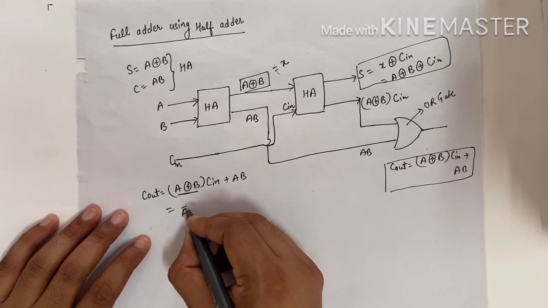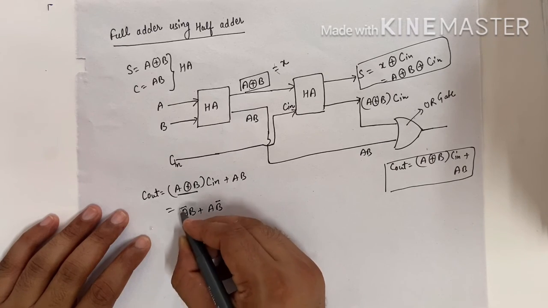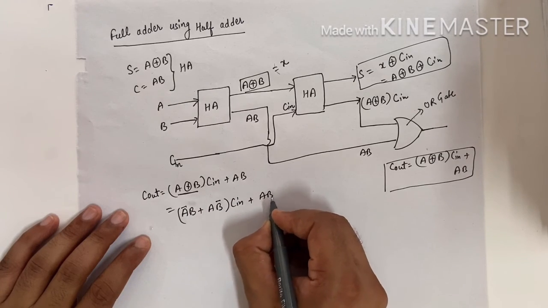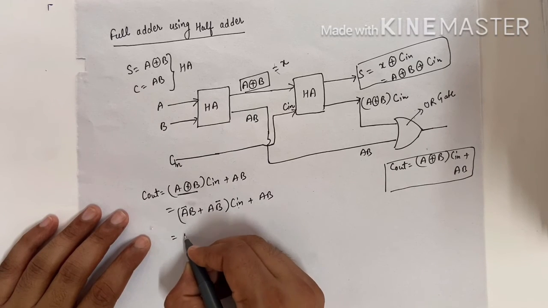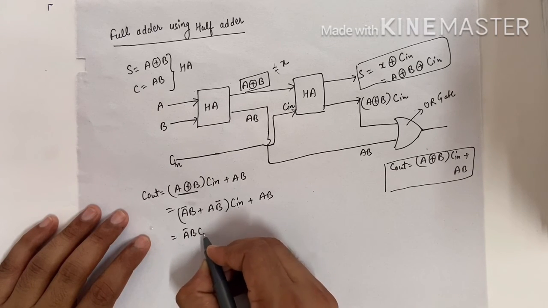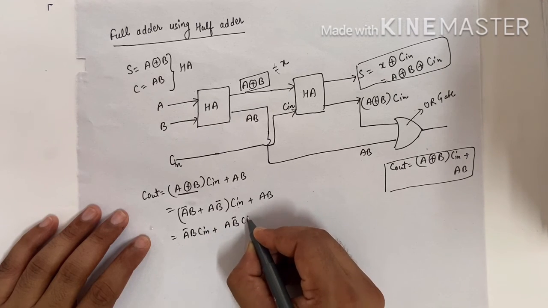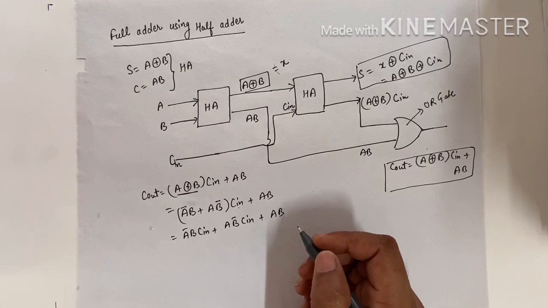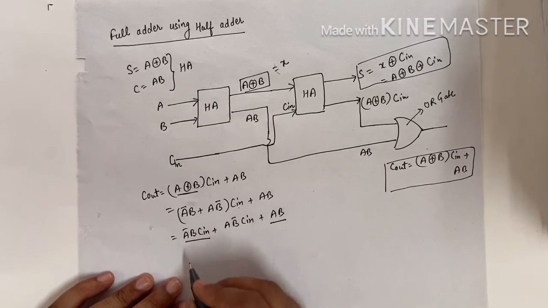XOR means A XOR B expands to A B complement plus A complement B, and we have to put C input here in this fashion. Okay. Now you have to multiply C input, A XOR B C input plus AB. It is clear. Now we have to take B common from first and third term.